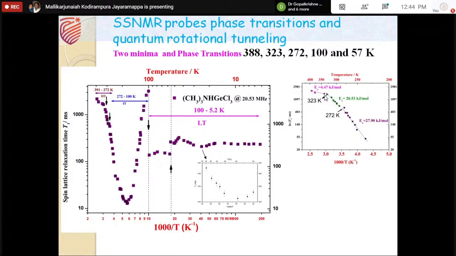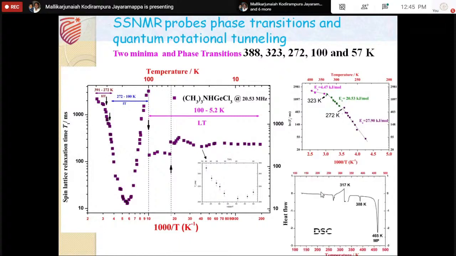Wherever there is a slope change, to cross-check whether it is a genuine phase change, we performed differential scanning calorimetry (DSC) measurements, and through those studies we observed phase transitions at the same temperatures where we correlated. What I mean to say is that these phase transitions can be measured effectively using the solid state NMR technique, which is one of the take home messages here.